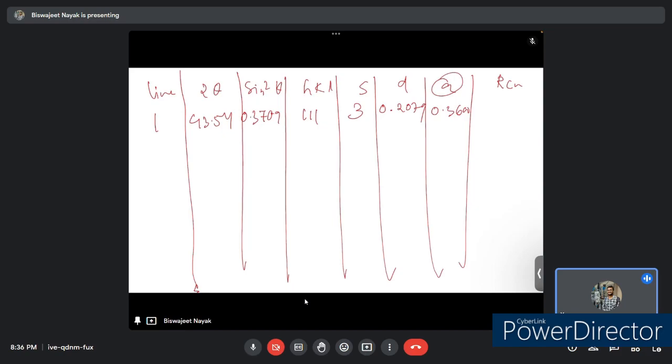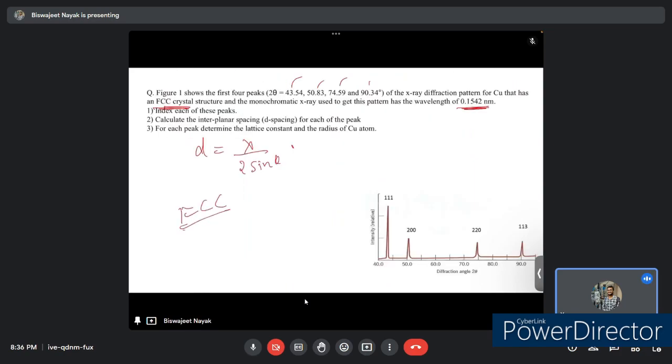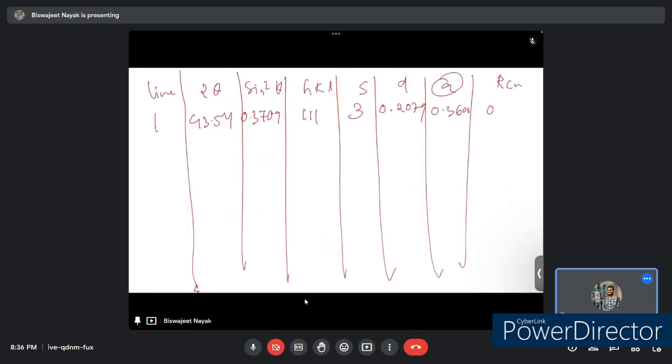How can we calculate the radius R of copper? As it is FCC, root 2 A equals 4R, so from A we can calculate the radius of copper, 0.246.